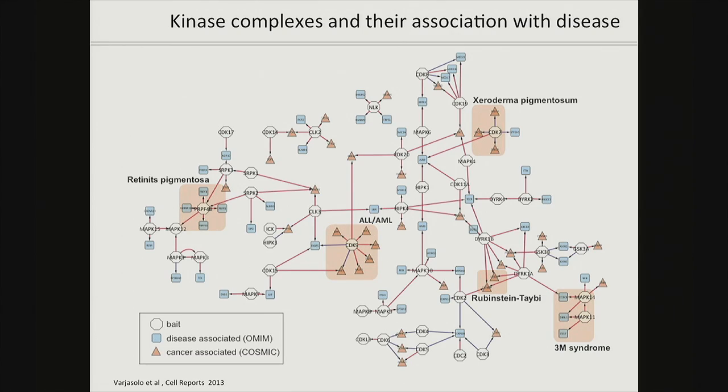So we see an interesting picture emerging. Most of these kinases have a number of proteins associated with them. This is certainly not surprising. But then these associated proteins are color-coded, either because they have a disease-associated connotation in OMIM, which is a disease database, or a cancer association based on COSMIC, which is also a database.